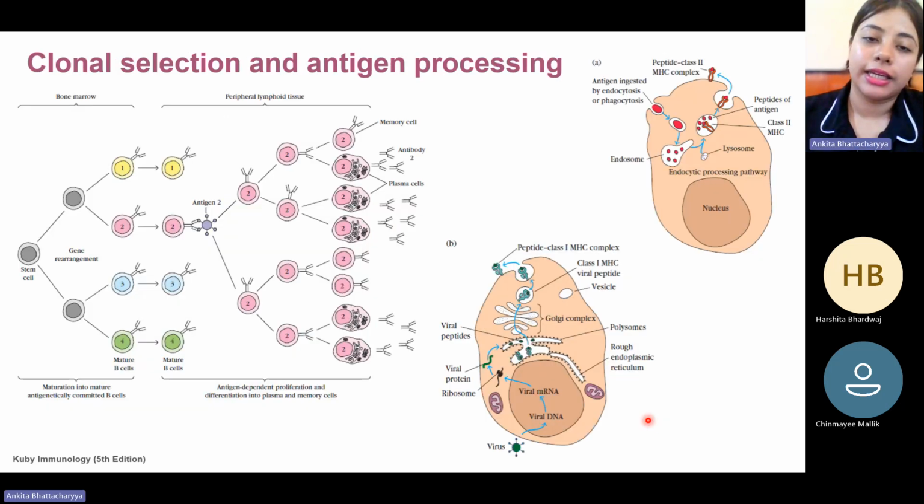Next came the idea that it's not as simple as the fact that a pathogen enters, a B cell or a T cell recognizes that pathogen, and then it clears it off. That's not enough. There are a lot of sub-regulatory steps which come in, and one of the key steps that is very crucial in order to facilitate clearance of a pathogen. Recognition is one thing, but the response or the clearance of that pathogen will actually involve a lot of amplification.